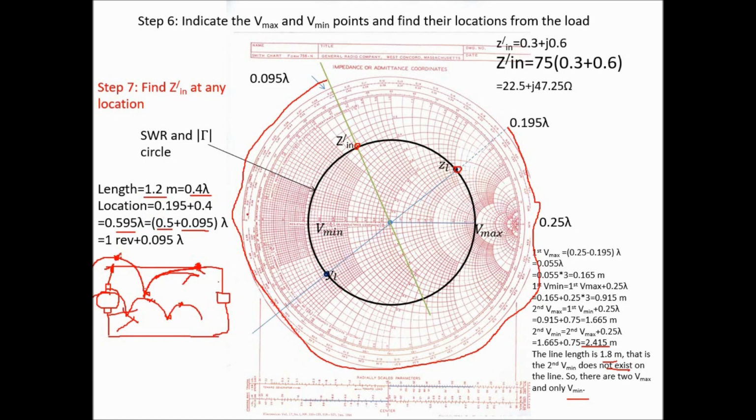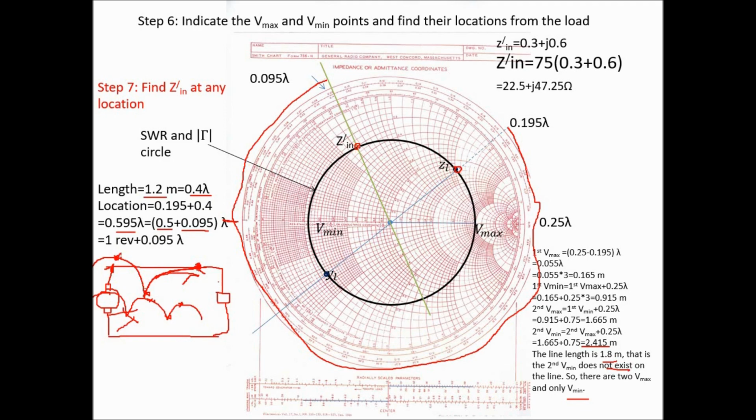So similarly here, 0.195 plus 0.4 is 0.595, but 0.595 cannot be found in this chart. So you get the maximum 0.5 here, then from 0.5 you have to go 0.095 up to this point.